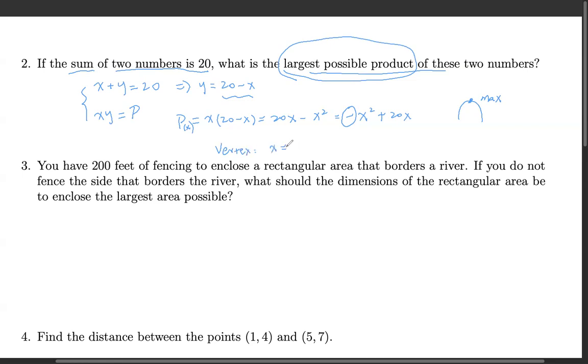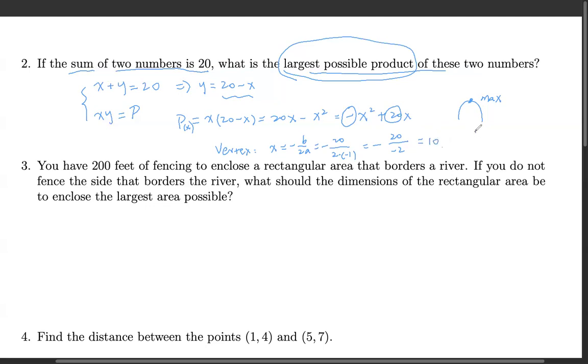Remember, x value equals -b over 2a. Where do we find the b? B is the number before x, in this case 20, times 2 times a. A in this case is -1. So -20 divided by -2.